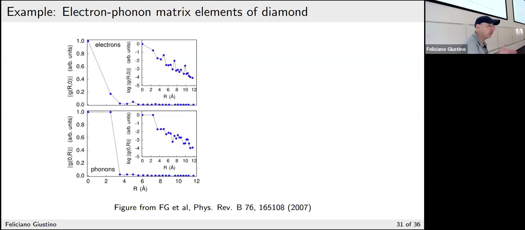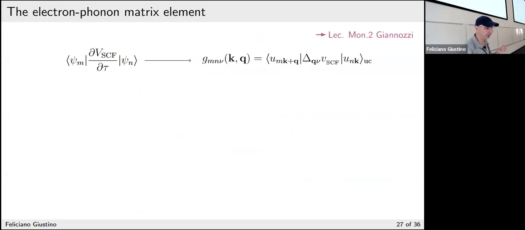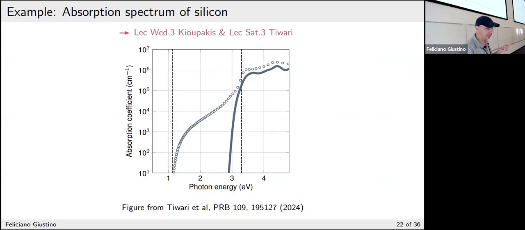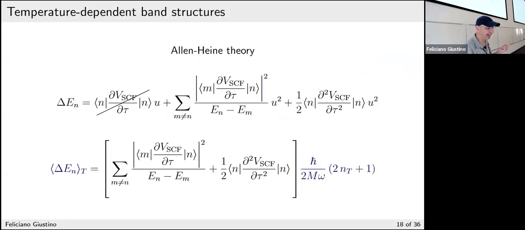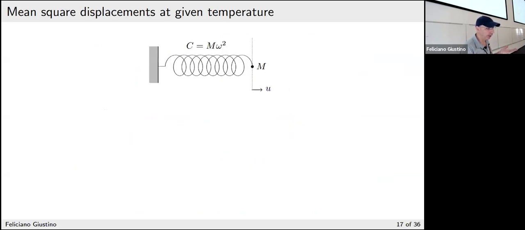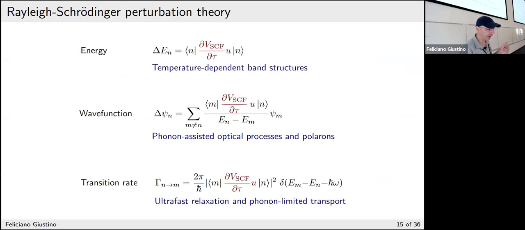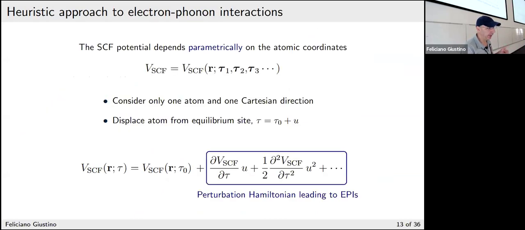What one can verify is whether we need to go to higher orders in the expansion. For example, there are two typical cases. The discussion I did was about harmonic phonons. There are a lot of techniques these days to go beyond the harmonic approximation, and that's one standard improvement.